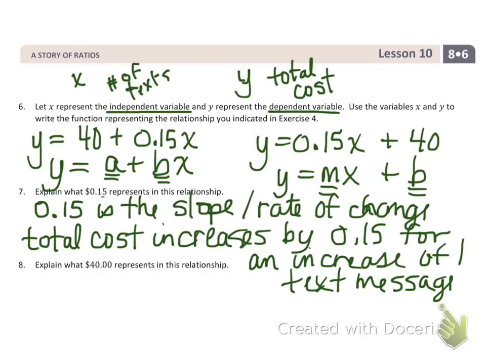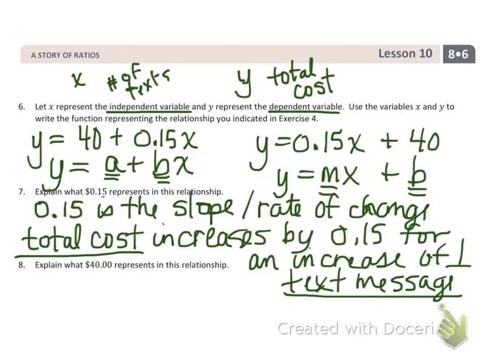Okay, so whenever you describe the slope in these relationships, you're really referencing both variables, right? In that statement, I referenced total cost and one text message, okay? Explain what $40 represents in this relationship.